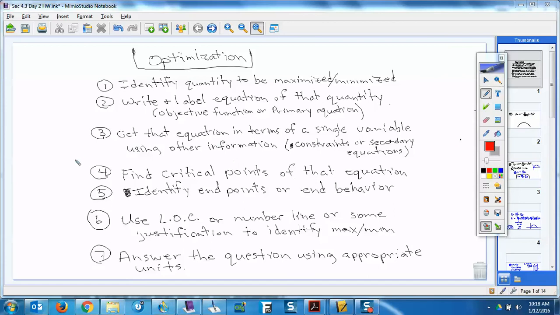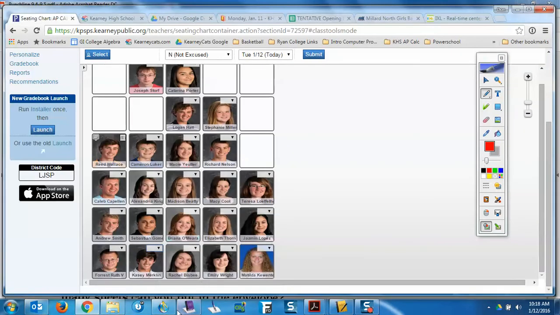Above the red line is just getting the problem set up so that we could have a function, an equation, a thing that we're trying to maximize or minimize. And below the red line is just the calculus steps that we learned in Chapter 2. How do we justify that we have a global max or min, an absolute max or min? We have to go through those steps, okay? So it's getting these things set up that we need to really focus on.